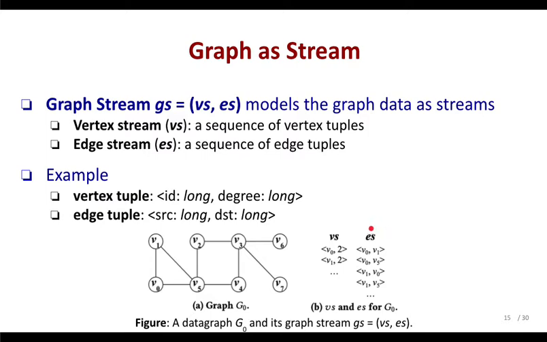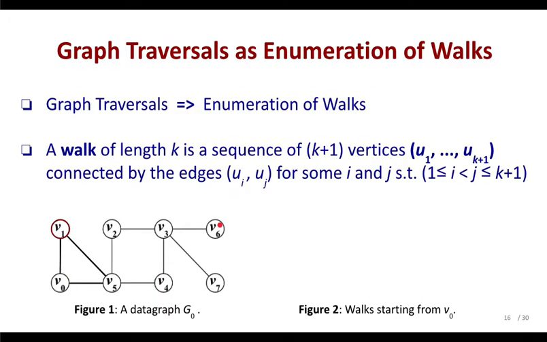In this example, the vertex stream is a tuple of a vertex ID and its degree, the number of neighbors. And the edge stream is a sequence of edge tuples, each a pair of source and destination vertex IDs.